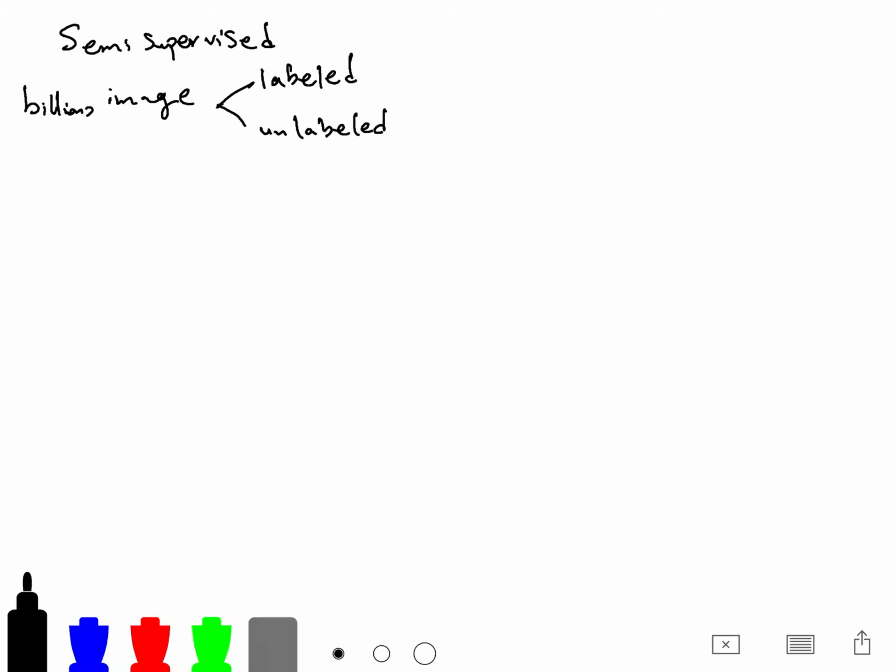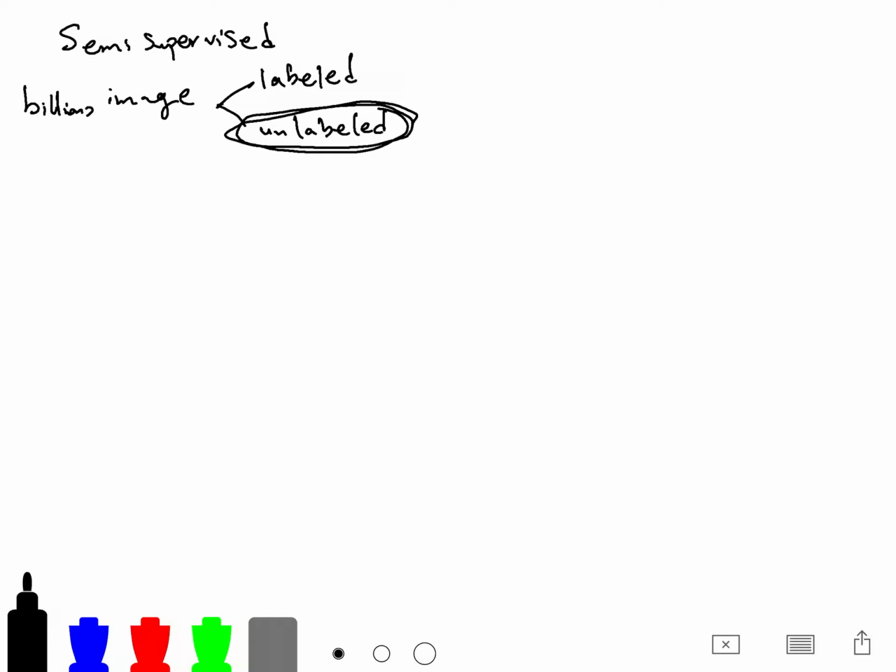Even humans, even animals, even a child, how they learn is about semi-supervised learning, because most of the data that our eyes receive is unlabeled, and we try to make some association, some kind of relation to other known and labeled information that we have in our mind.